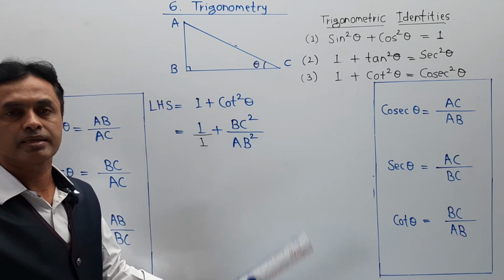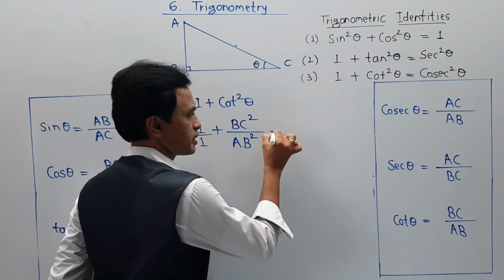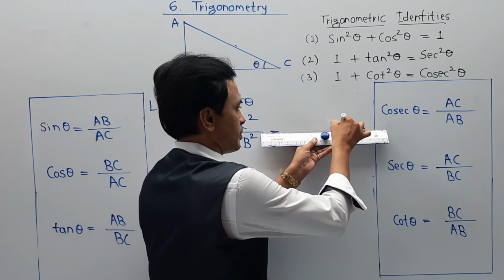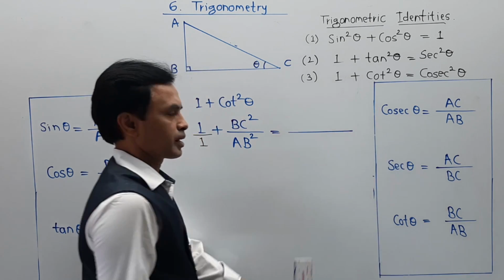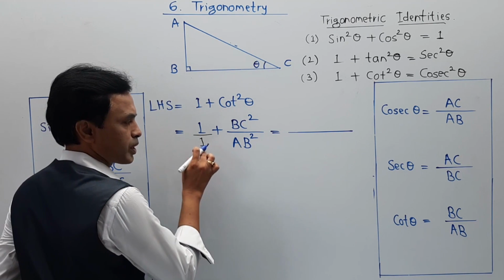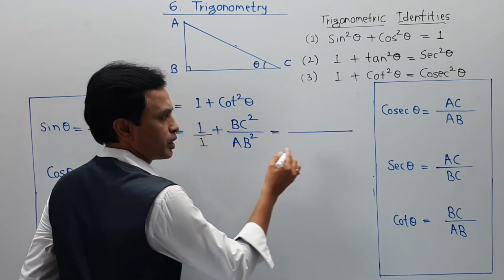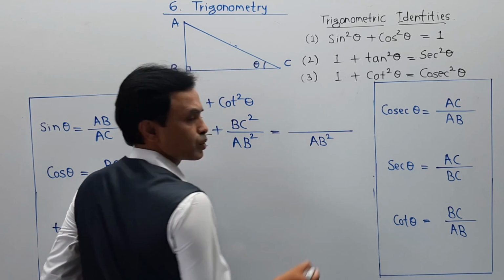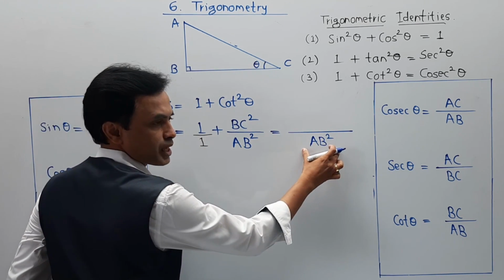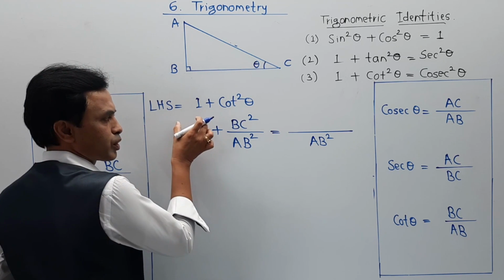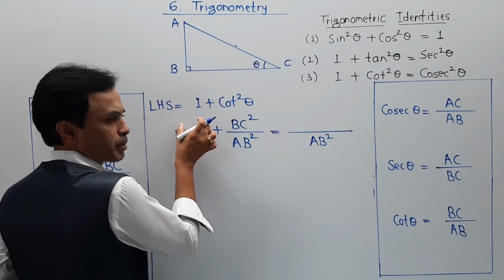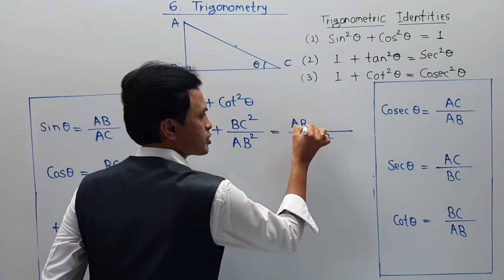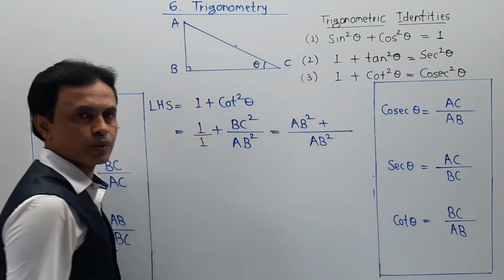Now the next step is simplification, and the pattern becomes: here AB square into 1 is AB square. Now AB square is going to get multiplied with 1, so AB square into 1 becomes AB square plus, why plus?